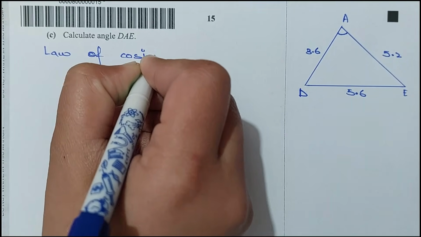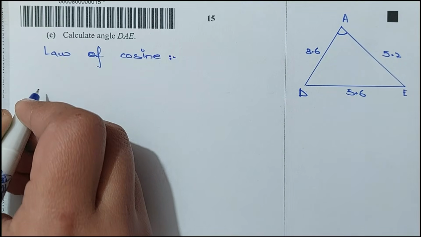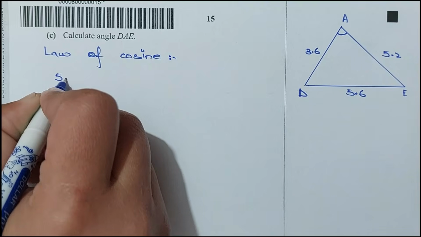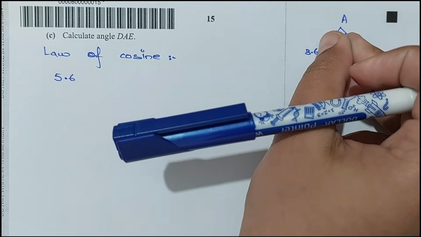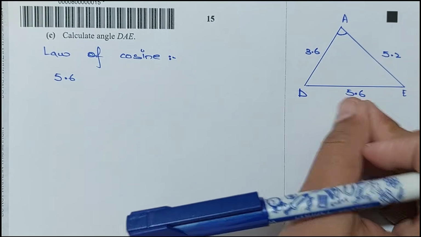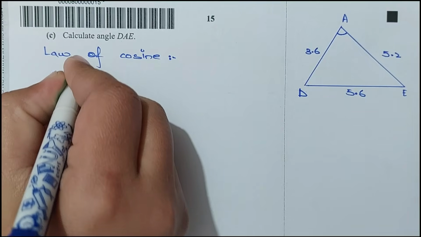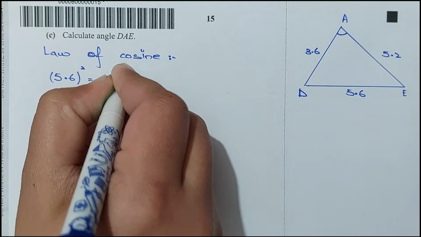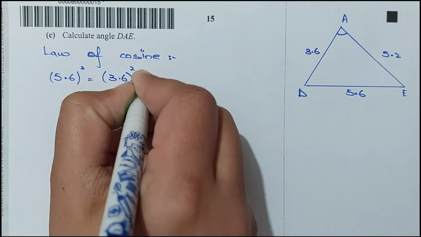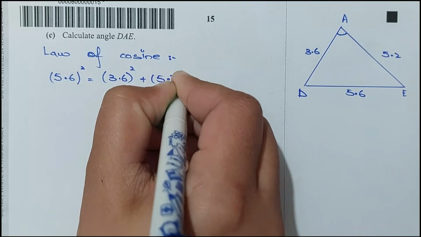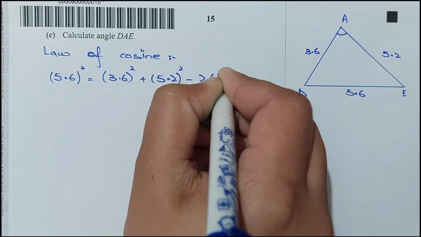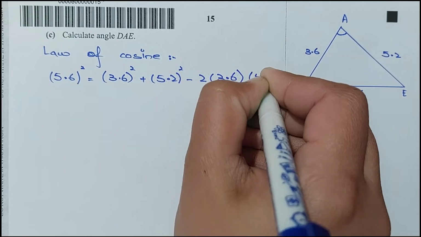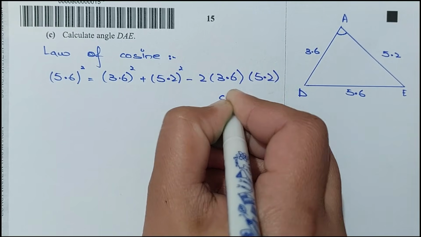Law of cosine. This would be DE, 5.6, because we have to find its front angle, so this side we take as the principal. 5.6 squared equals 3.6 squared, one side, plus the other side 5.2 squared, minus 2 times 3.6 times 5.2 times cos theta.